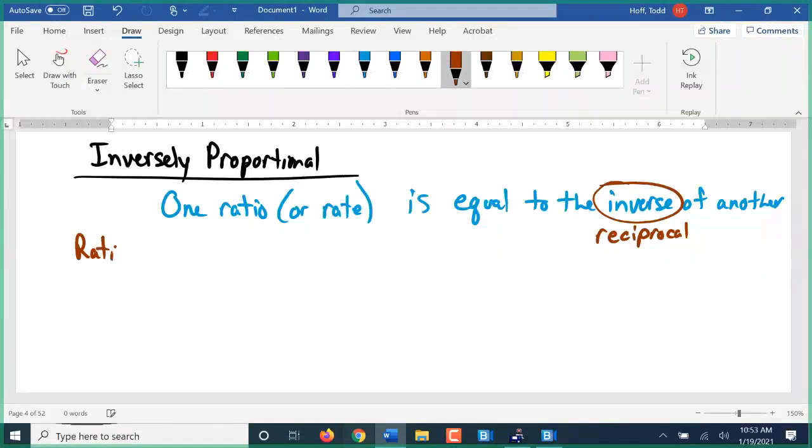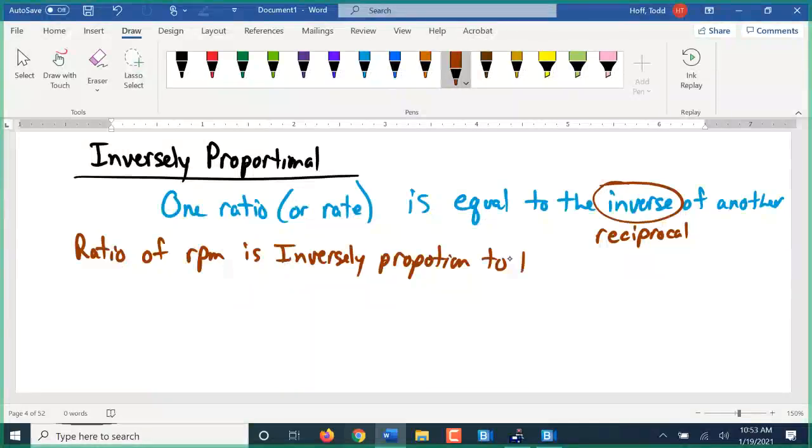Ratio of RPM is inversely proportional to the number of teeth. In other words, inversely proportional to the gear ratio.